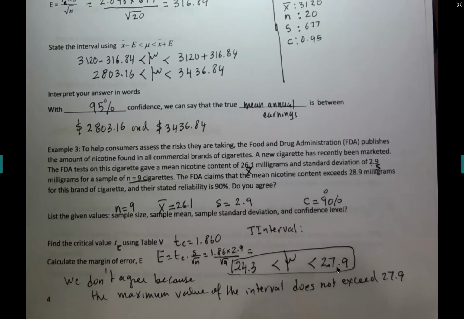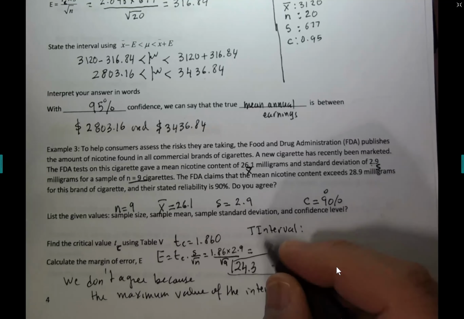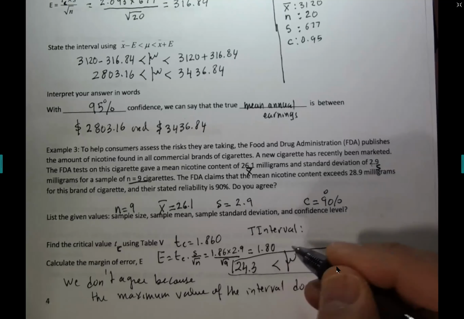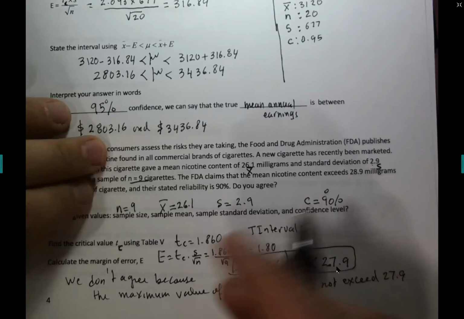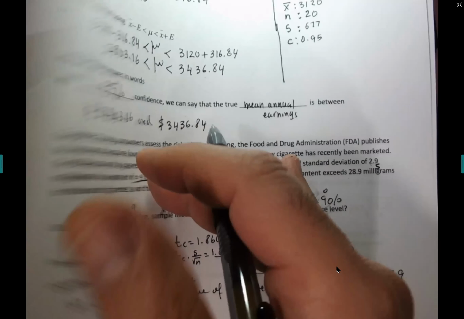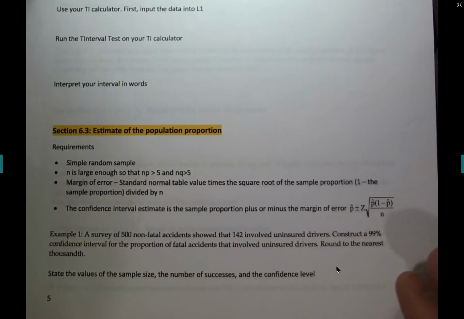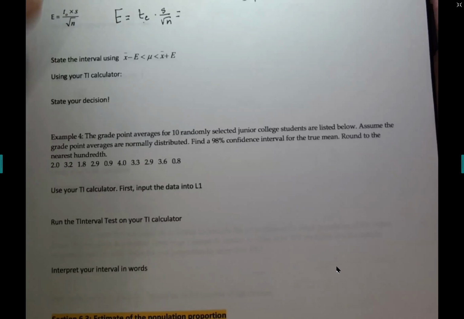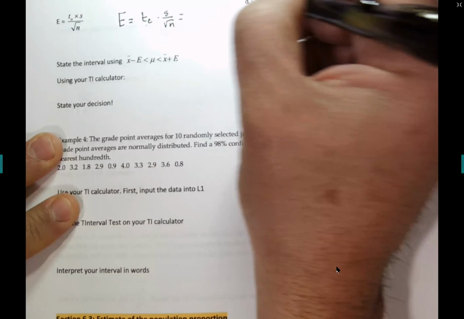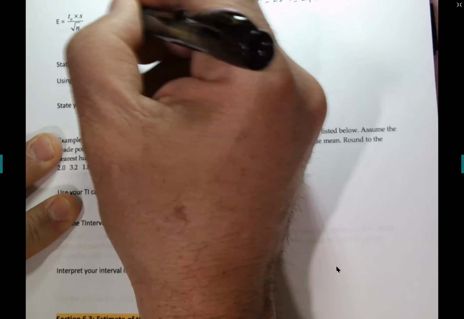And let's see what the math says here. I'm going to get the same interval that I got off the calculator. 1.86 times 2.9 divided by 3 will give me the margin of error, 1.80.